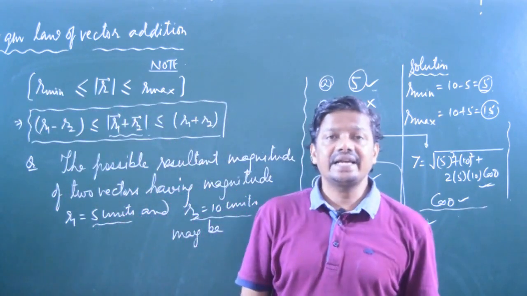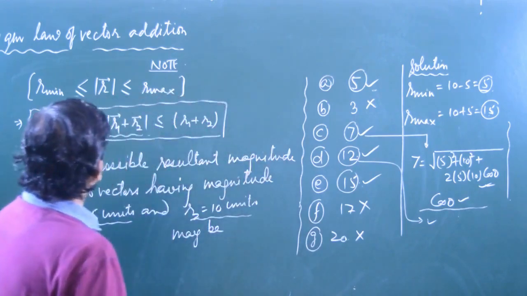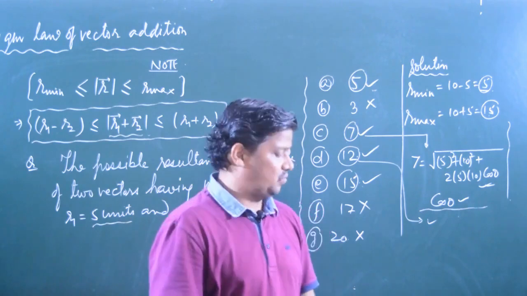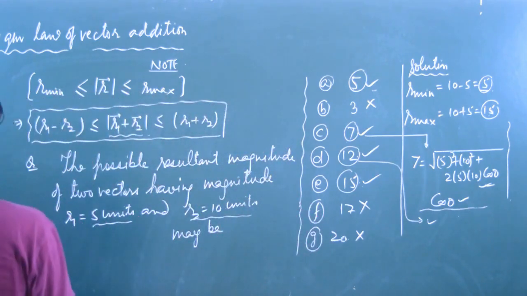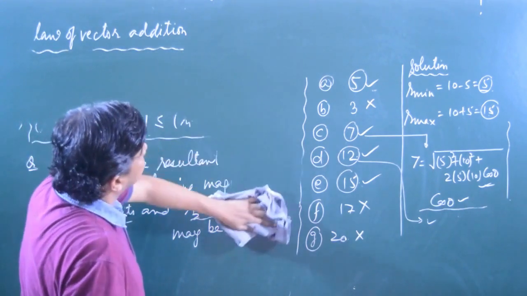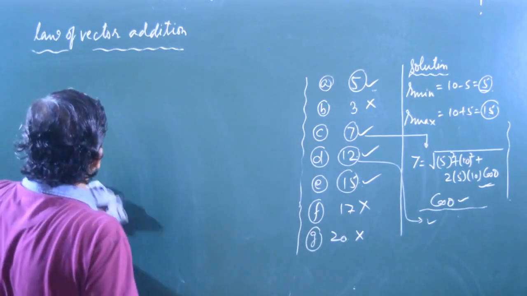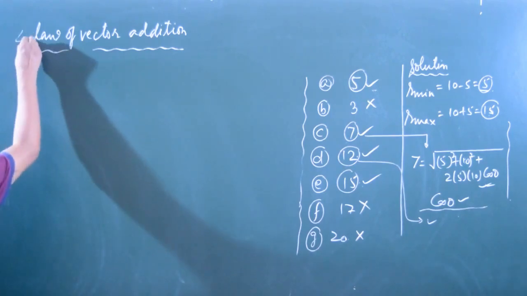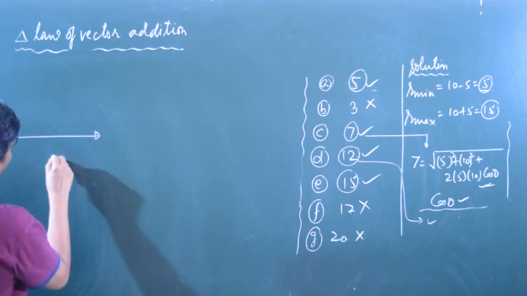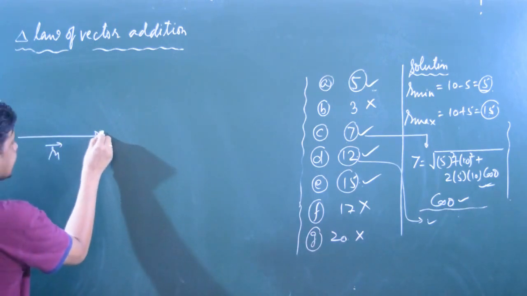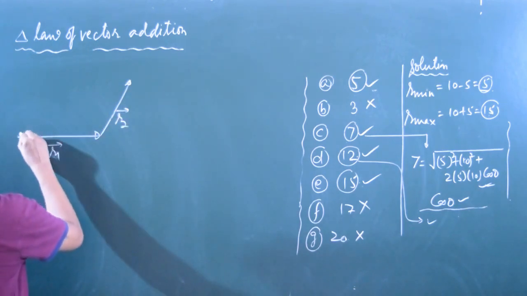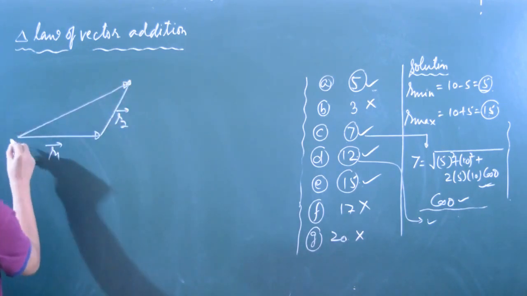The other is the triangle law of vector addition. The third side of the triangle formed using the vectors is the resultant of the vectors. Now see, what is the triangle law of vector addition? We have two vectors, so using the head and tail rule of vector addition, the third side of the triangle formed using the vectors is the resultant of the vectors.